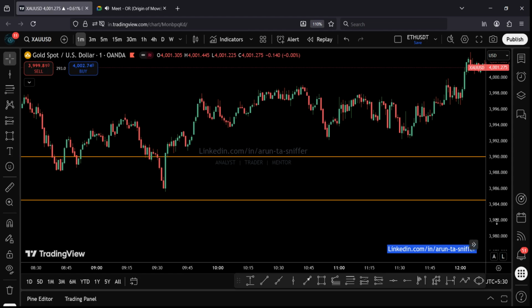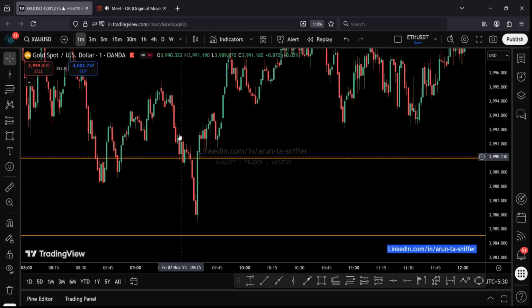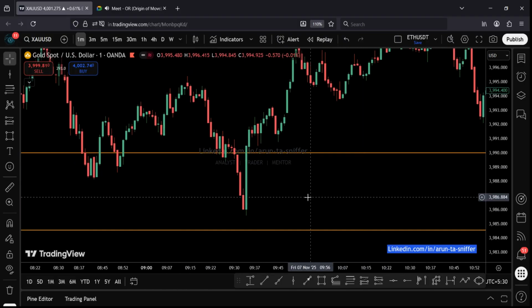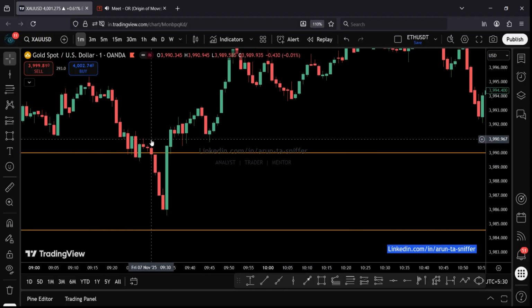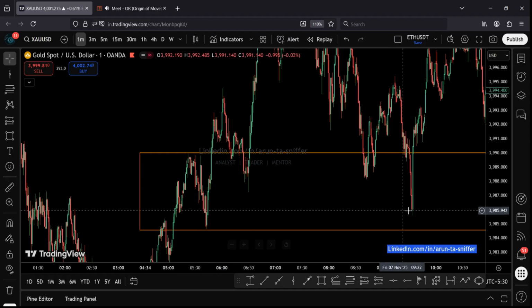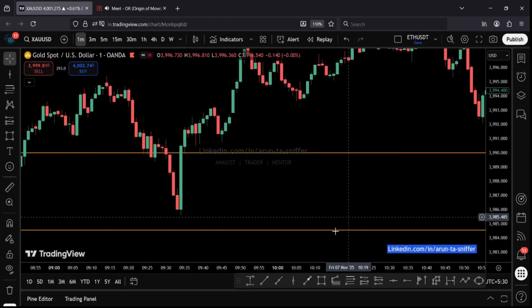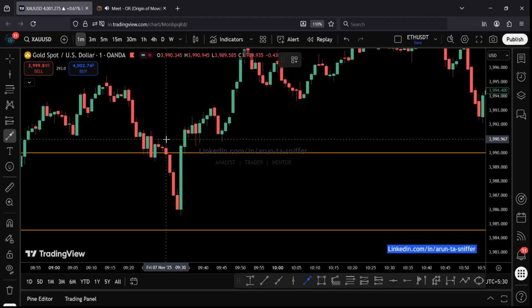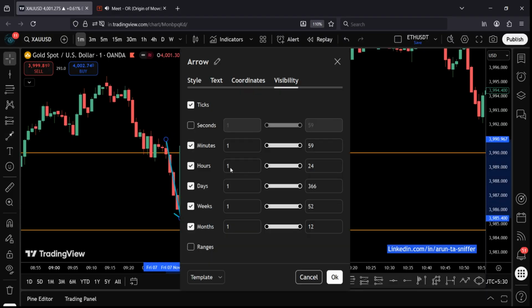So assume from here, from here, from here you can also assume, but for example we are assuming from here. Price came back, pulled back, and came from here. So this move, look at from here to here, here to here. This move sent the price to the true zone. Assume this one sent price from here to here. Okay.